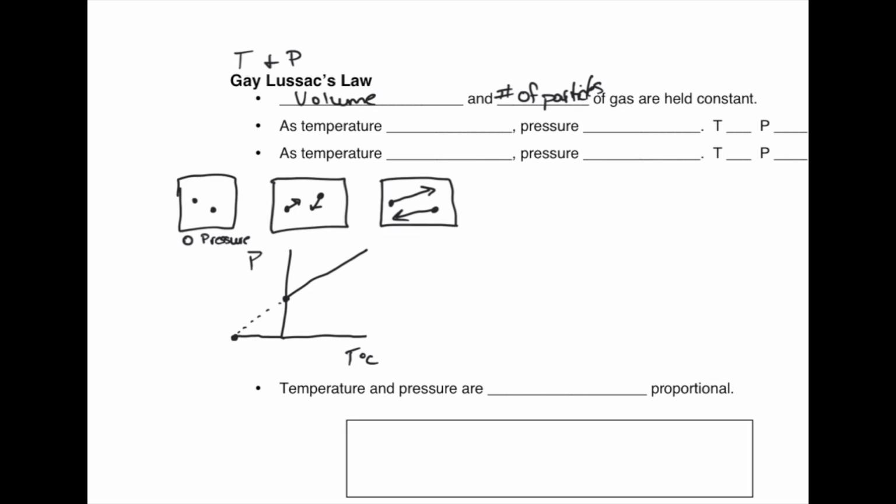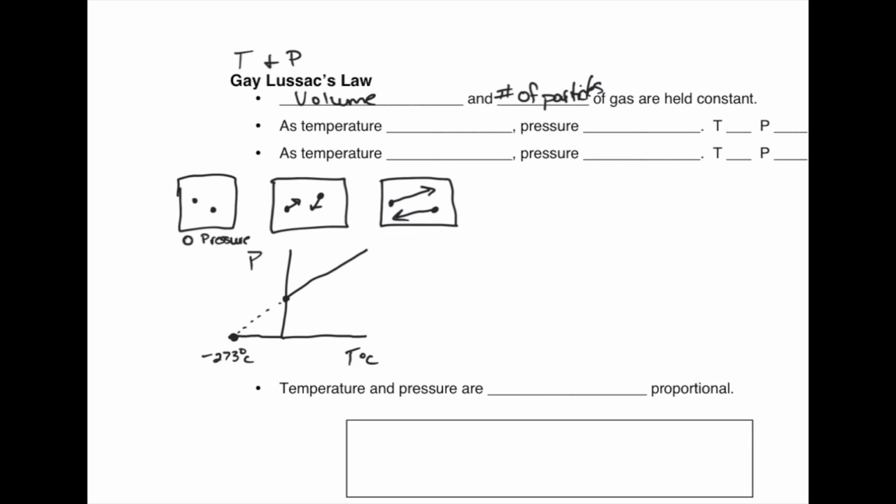Well, theoretically, according to this graph, this point on the graph would have a number, and that number is negative 273 degrees Celsius, okay? And that would be the temperature at which particles would no longer move, right?